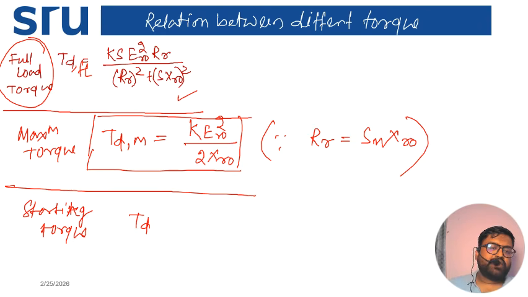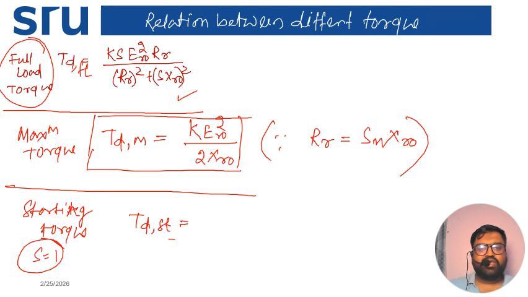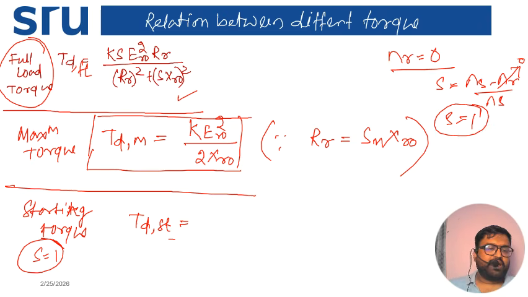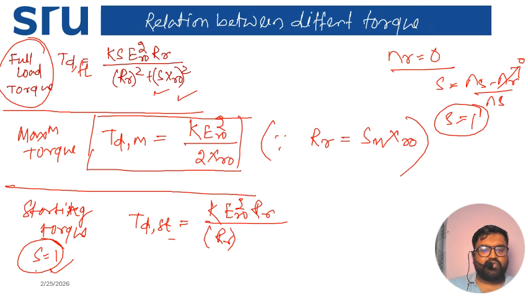For the starting torque, we put S equal to 1, because in the starting condition the rotor speed is equal to 0. That means slip equals (ns minus nr) by ns, and rotor speed 0 means slip equals 1. Putting slip equal to 1 in this equation, the formula becomes K ER0 square RR divided by RR whole square plus XR0 whole square.